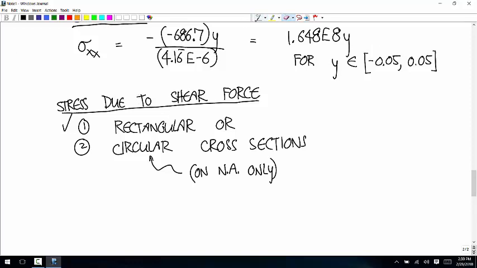For this calculation, what element of the stress tensor are we going to get? XY, yep. So tau XY is equal to negative VQ over IB.